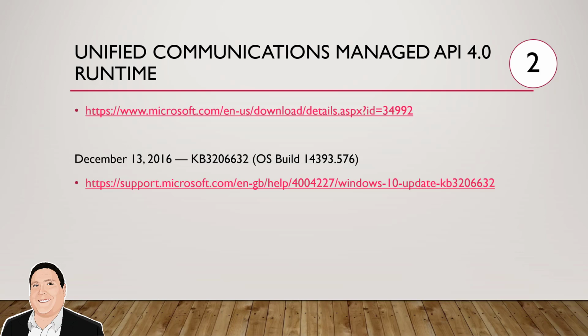Point to note is that that KB article should be applied to the OS. However, make sure it's relevant. Ideally, you would be updating your devices, making sure your Windows Server is up to date before you start the process of this installation.